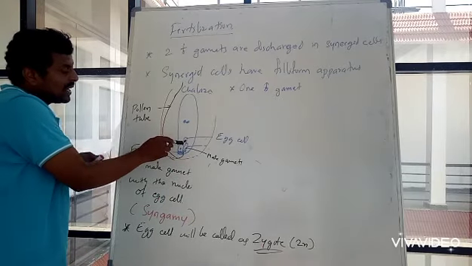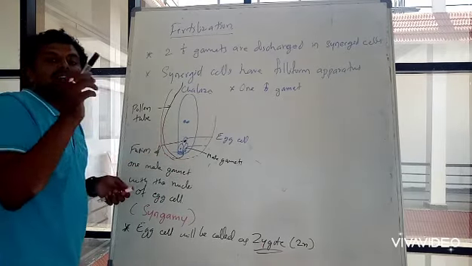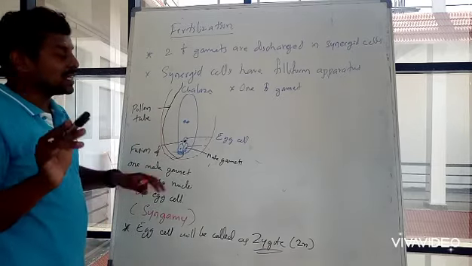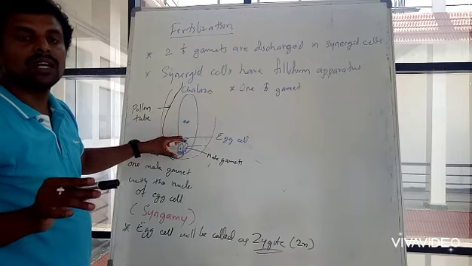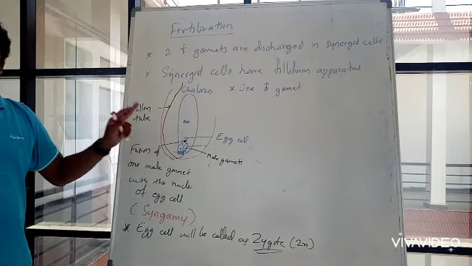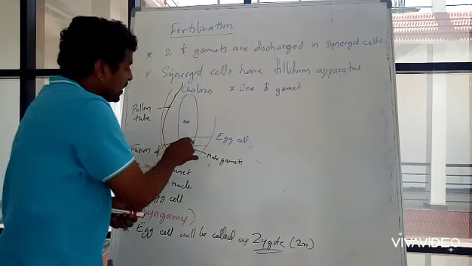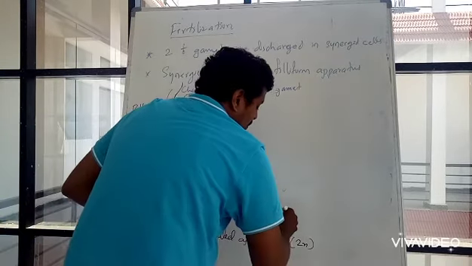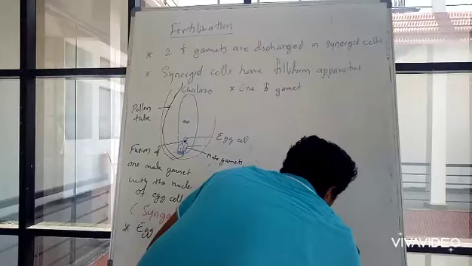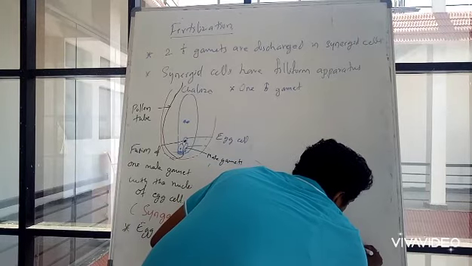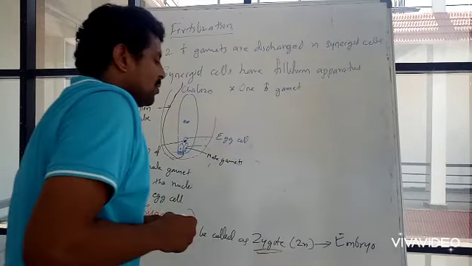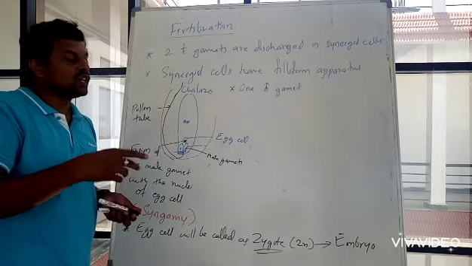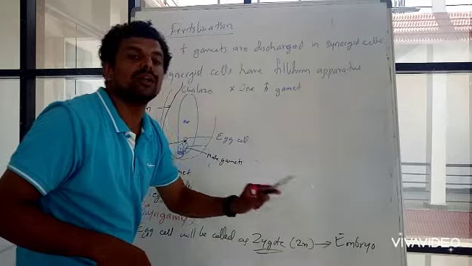One set from the male gamete and the other from the egg cell, which has the female gamete. Fusion of both male and female gametes takes place in the egg cell. So once the fusion takes place, the egg cell will be called a zygote. Zygote leads to the formation of the embryo. Once the zygote is formed, it will divide continuously to become an embryo.